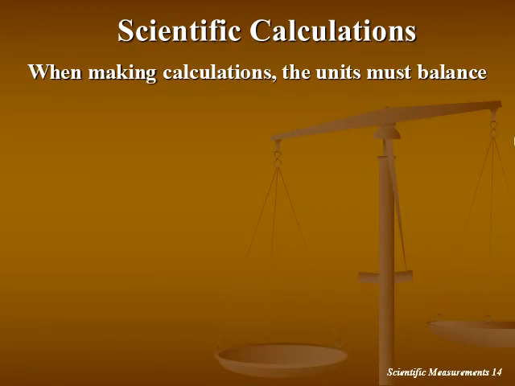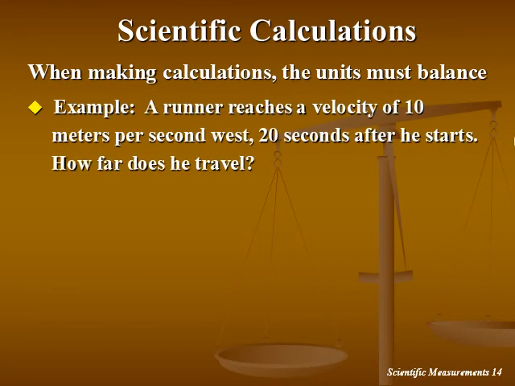When making scientific calculations, the units associated with each number must balance, as we will show in the following example. A runner reaches a velocity of 10 meters per second toward the west, 20 seconds after he starts. How far does he travel?